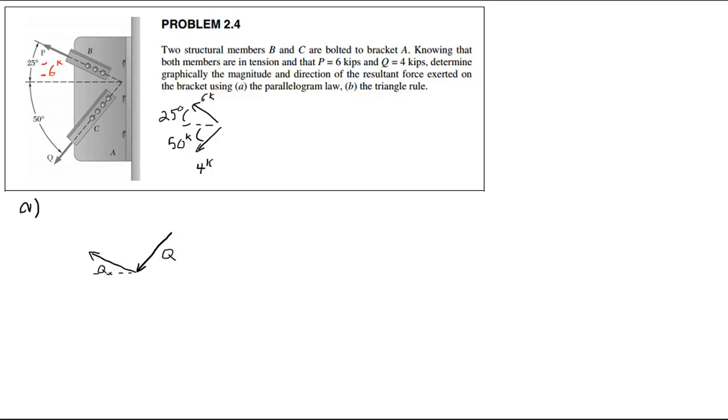For example, that would be P here, sorry, not Q. P, not Q here. So I would actually use a protractor and literally measure out that this is 25 degrees. And I would use a protractor to literally measure that this one here is 50 degrees from the horizontal.